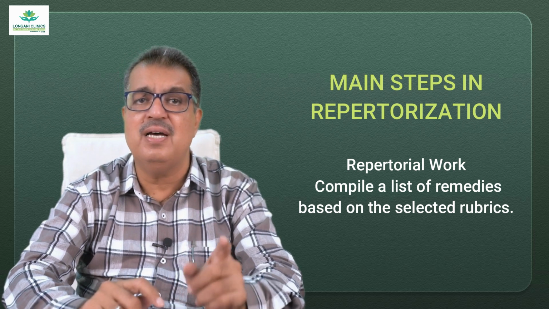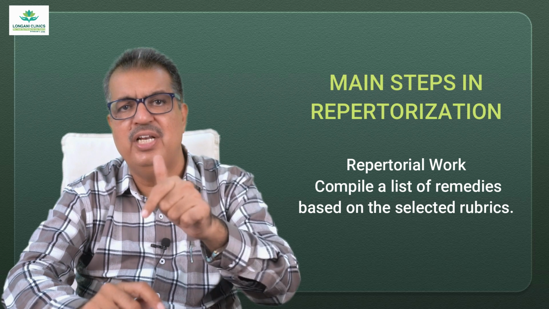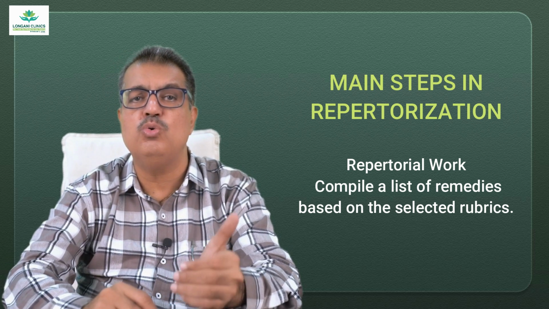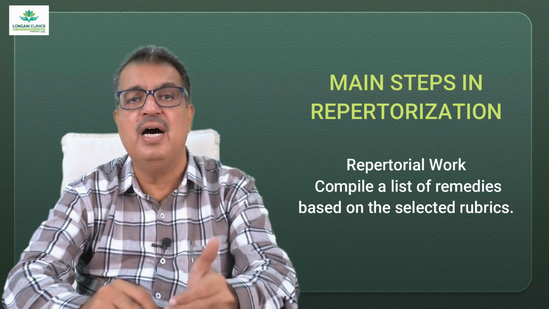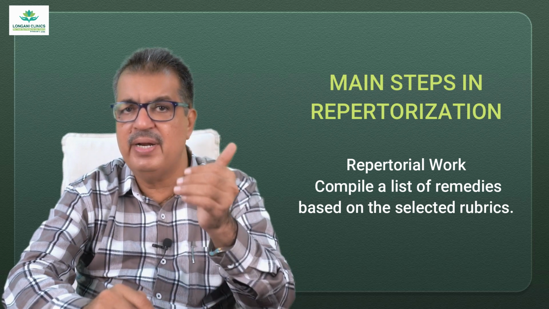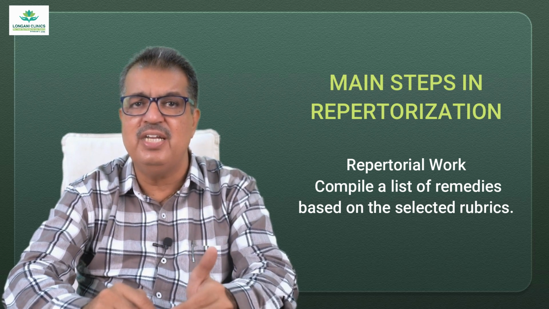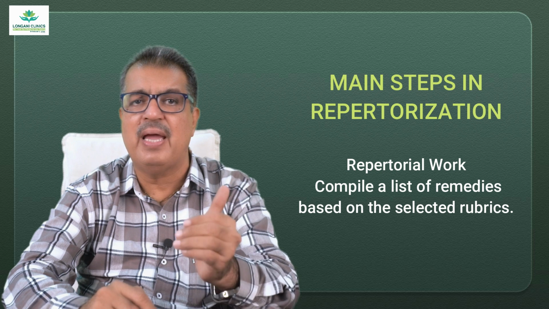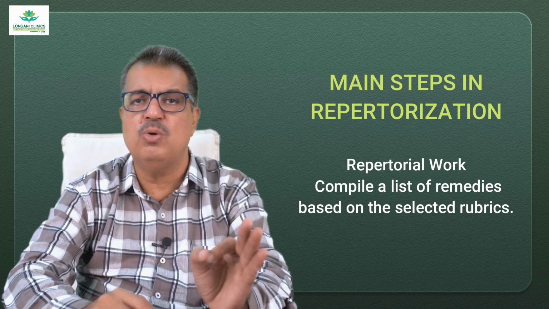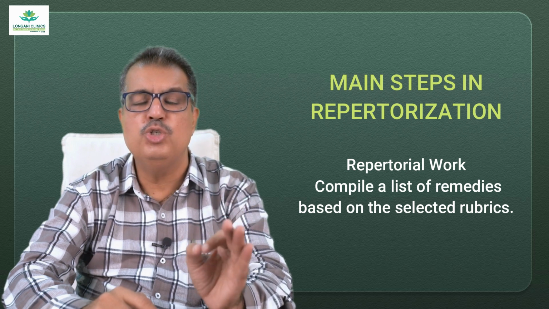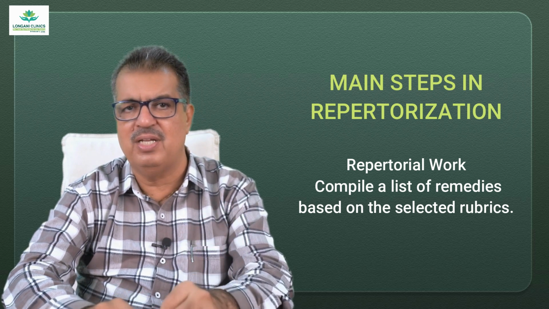Selected rubrics are entered manually or through the software. Remedies common to most rubrics are noted down. Remedies are graded according to the intensity and frequency of appearance. A repertorial chart or table is prepared showing the leading remedies.